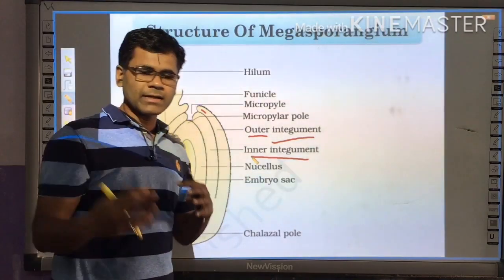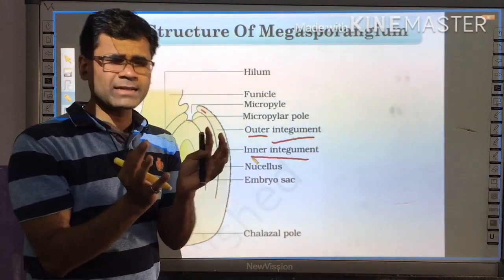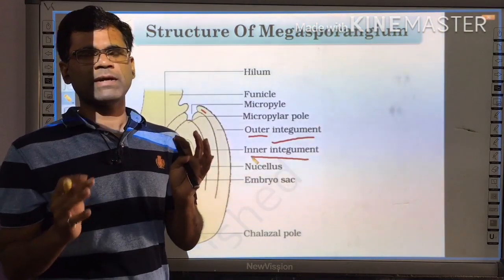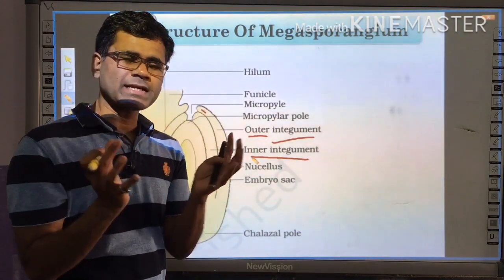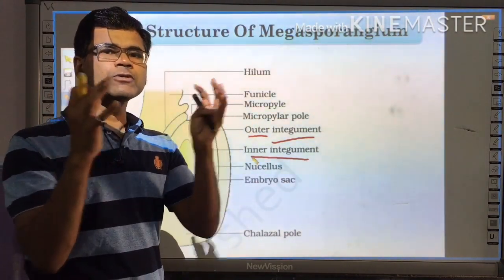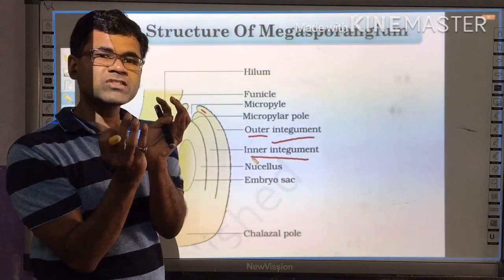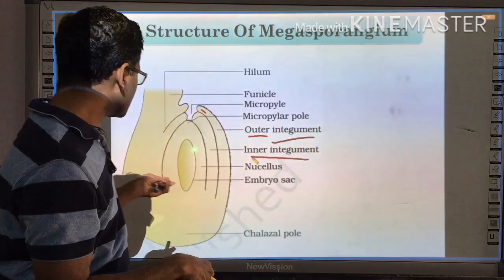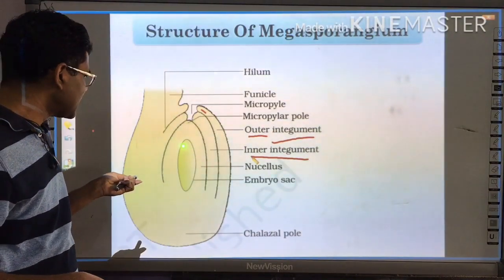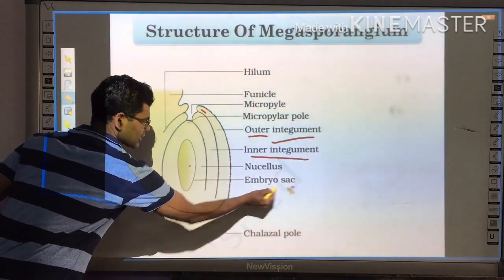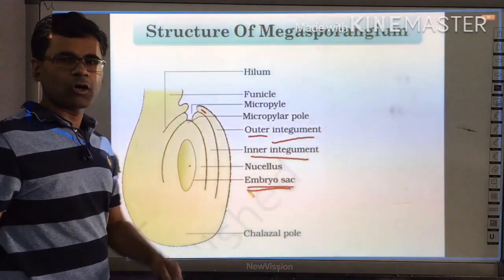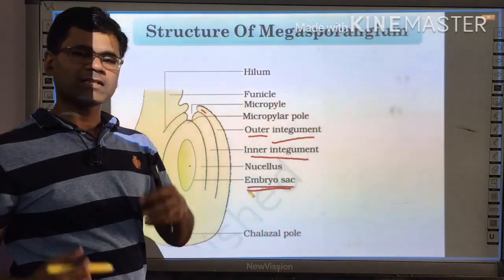The outer and inner integuments provide protection. They protect the nucellus, that is the nutritive cells, which encircles the embryo sac in the center. So in the center you can see this is the embryo sac, where all the events of megasporogenesis have to take place.